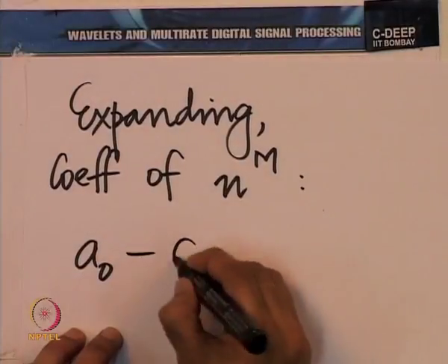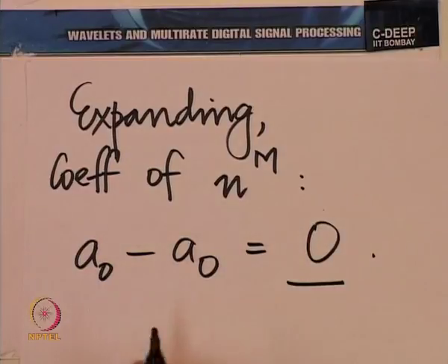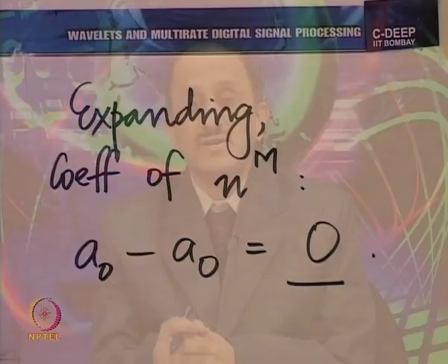So, a 0 minus a 0, which is 0. So, that is interesting. Each time we subject this polynomial sequence to the action of 1 minus z inverse, we are reducing the degree of the polynomial by 1.